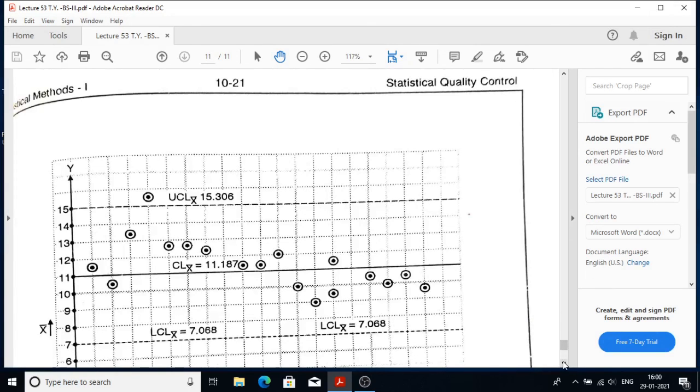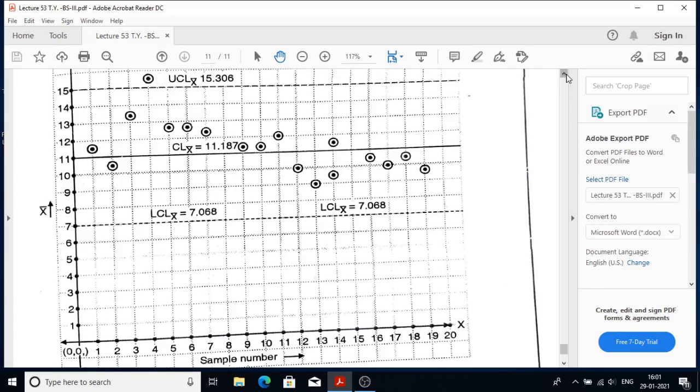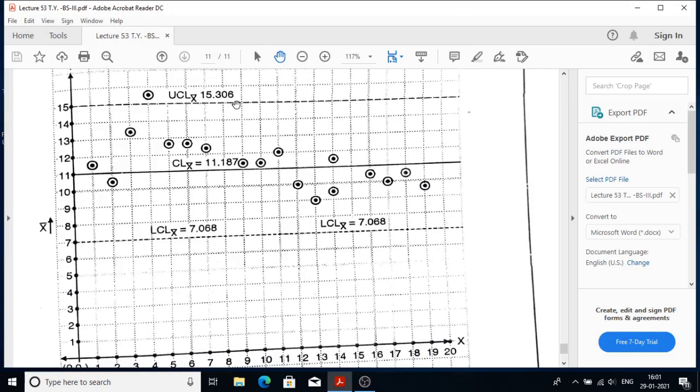So we will plot these points on control chart. We'll draw. So this is our mean chart. So on x-axis again we'll take the sample number 1, 2, 3, 4, 5, 6, 7, 8, 9, 10, 11, 12, 13, 14, 15, 16, 17, 18, 19, 20. And lower control limit is 7.068. Central line is 11.187 and upper control limit is 15.306.